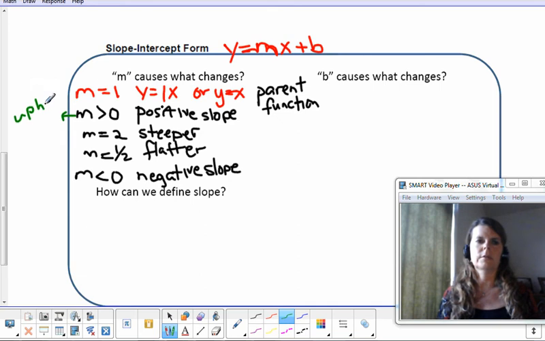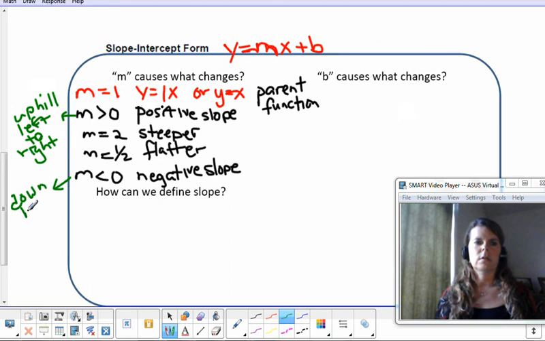Uphill, left to right. And this one is downhill, left to right. And I'm not going to write left to right again because we wrote it up there. So uphill and downhill.